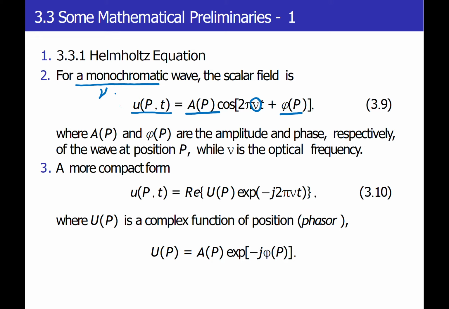Nu is a constant. If we rearrange this, then in complex form, u is given by the amplitude times the time dependence. Note that this is u, and then we have a complex amplitude, capital U, which is nothing but these factors.